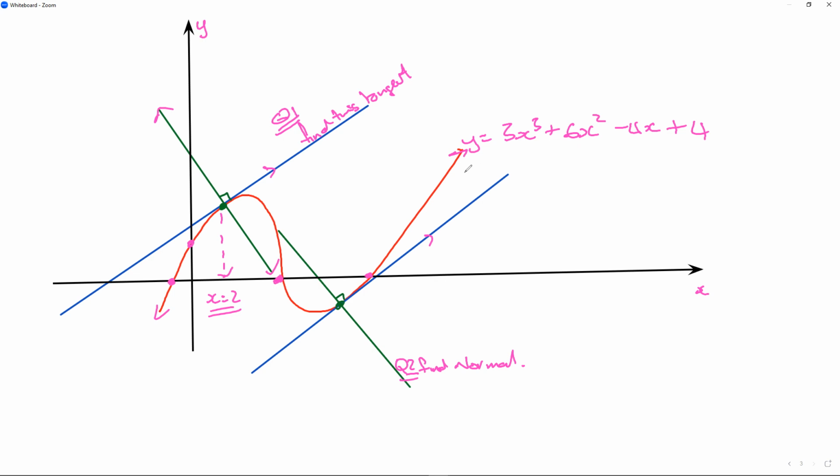Let's just suppose that's a random equation. Then I can derive this function, change x into 2, get the gradient, substitute this back in there, get the y value at that point. Once I've got that coordinate, substitute it to get this tangent.